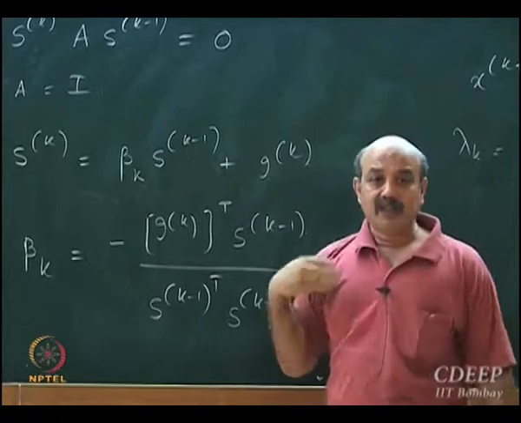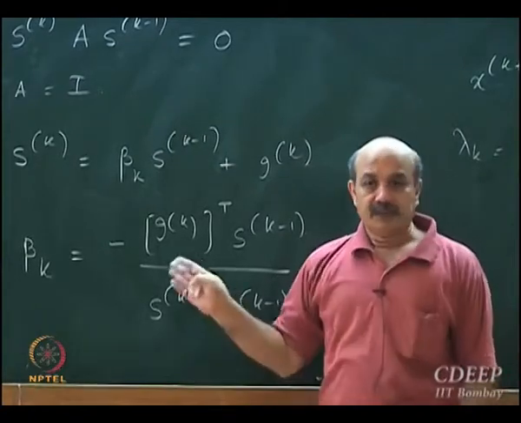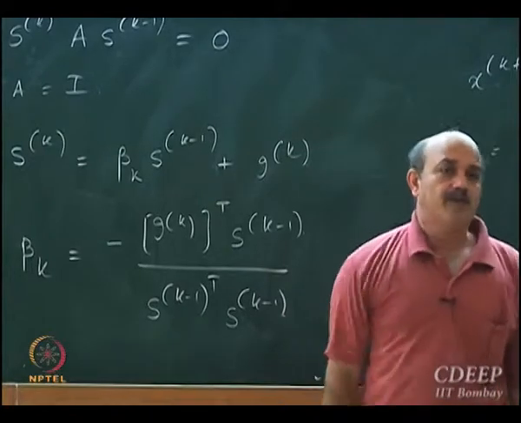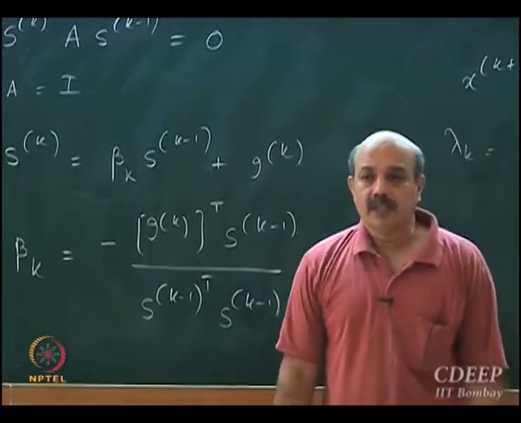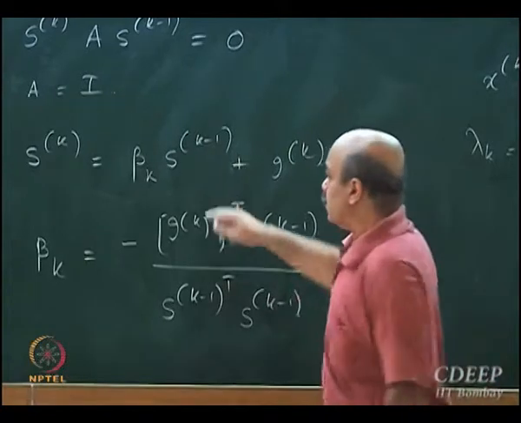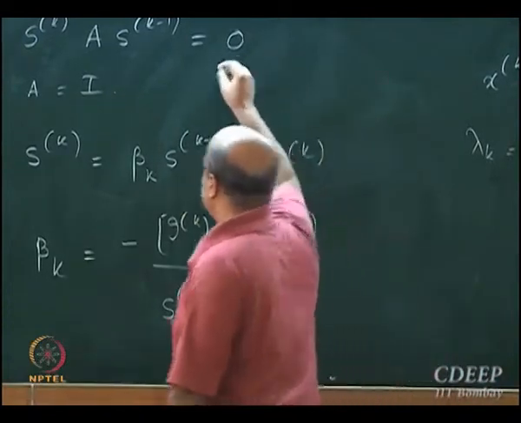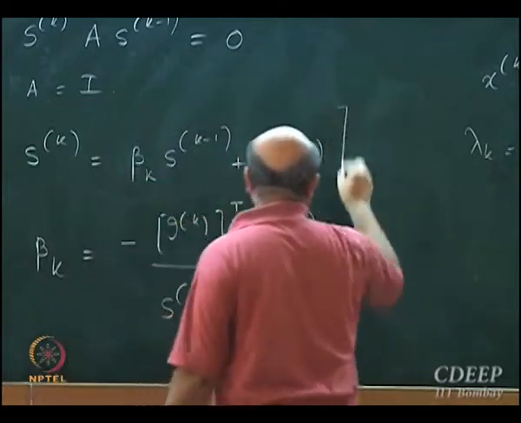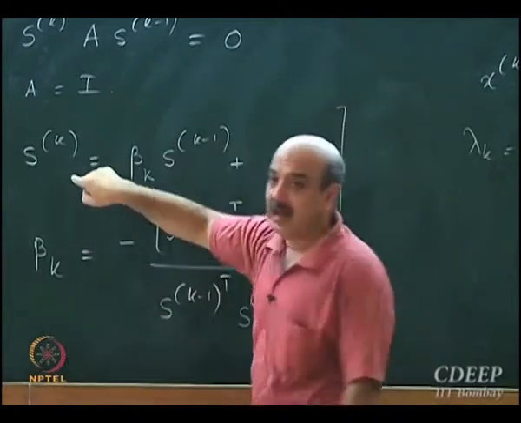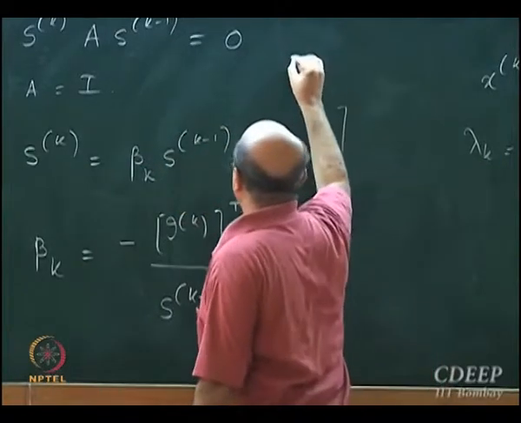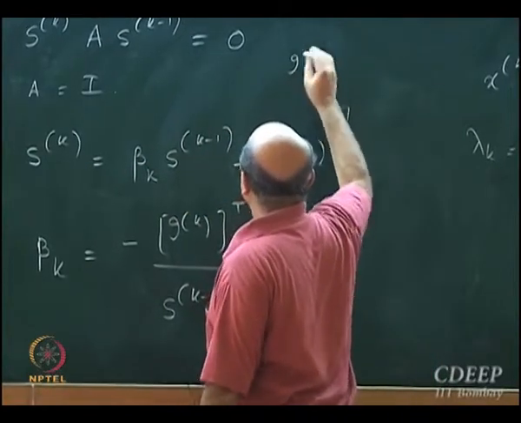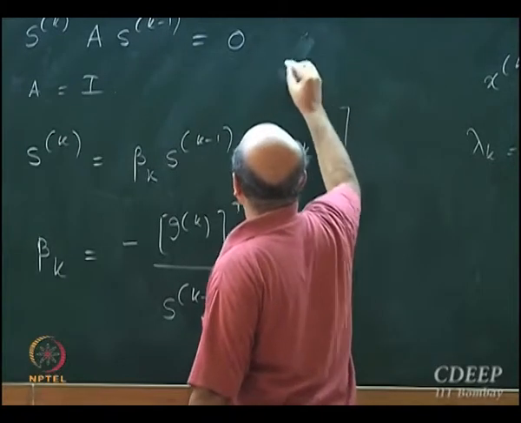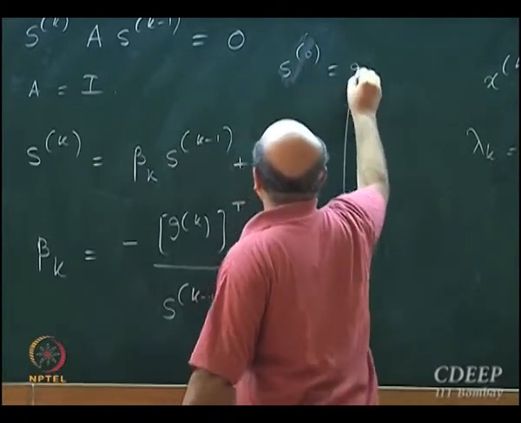See, one interpretation of these conjugate directions is that it is a linear combination of previous gradients, because you kick off this calculation at 0 where your S0 corresponds to G0.